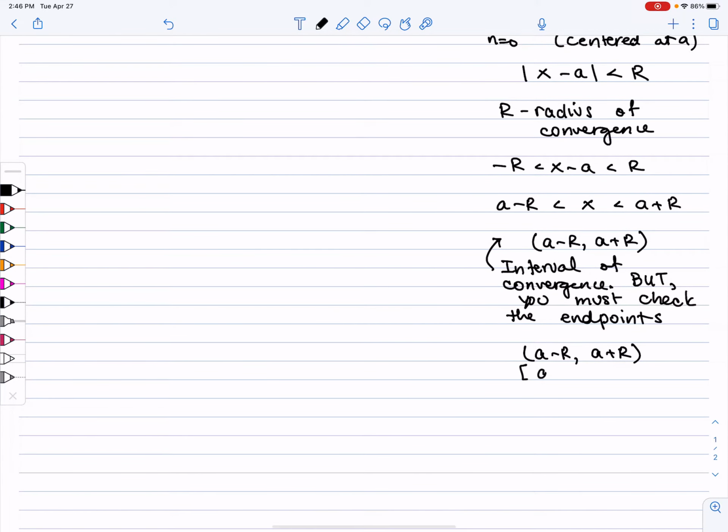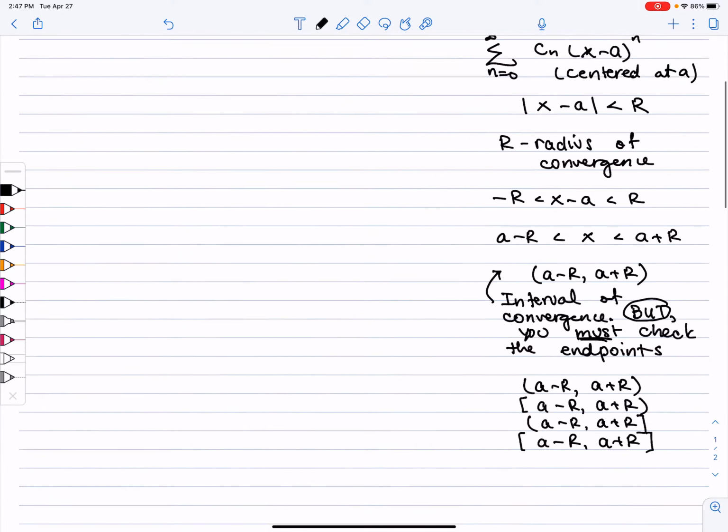Or you could have a minus r, a plus r, or a minus r, a plus r, where one of the endpoints is included, and that is, the series will converge at the endpoint. Or we can have something like this, where your series will converge at both of the endpoints. This is why it's important for us to check the endpoints.